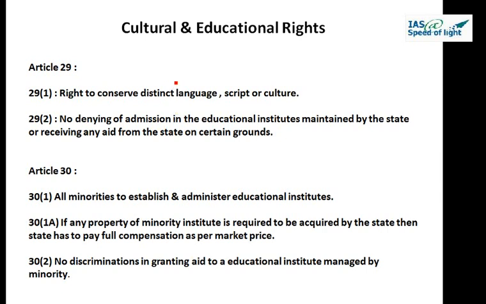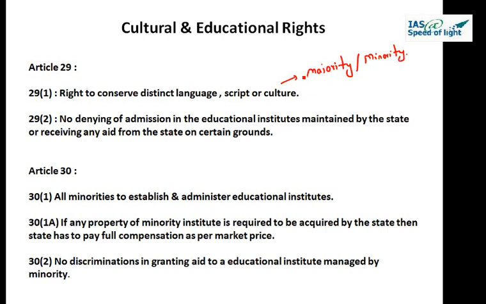This particular right is not talking about the minority of people. Any section, whether it's a majority or the minority, if they're having a distinct culture, a distinct language, they have all the right to protect the same. So right to conserve distinct language, script or culture, whether majority or minority.